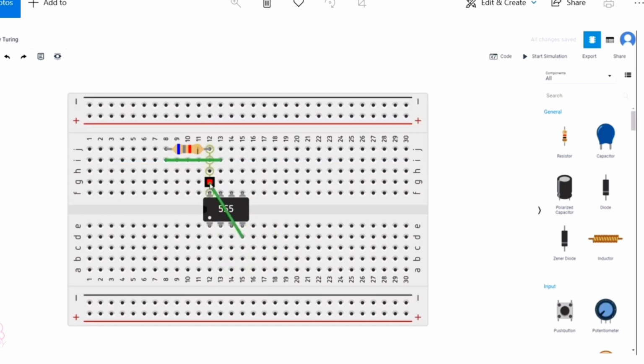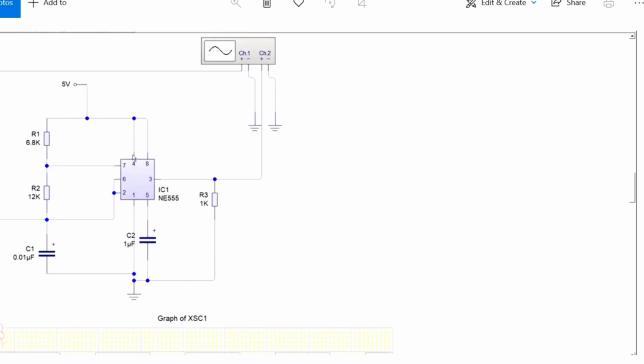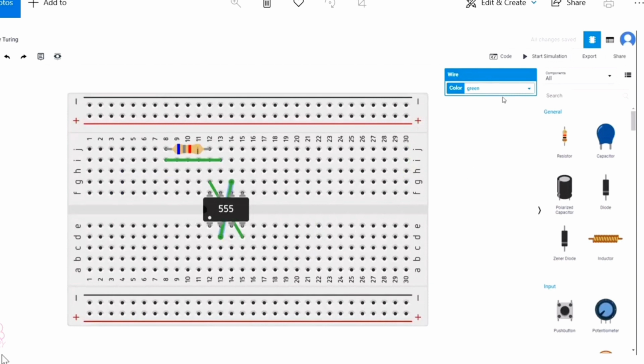The next one: the 4th and 8th pins are shorted, the 2nd and 6th pins are shorted. In this connection we need to give a 12 kilo ohm resistor between the 7th pin and the shorted 6 and 2 area.